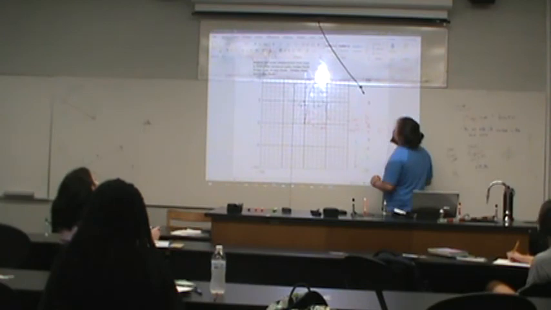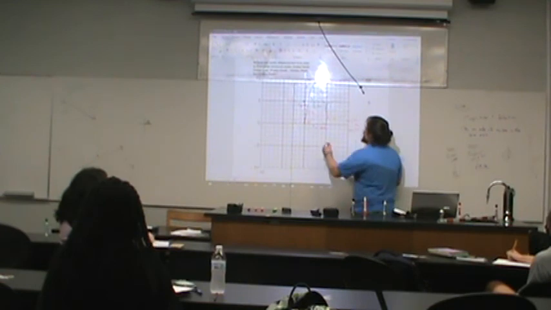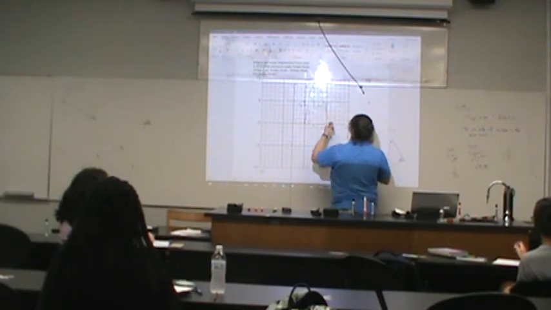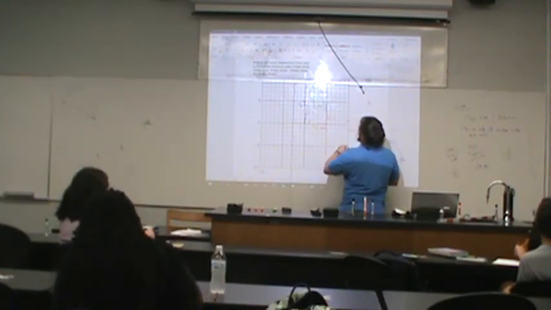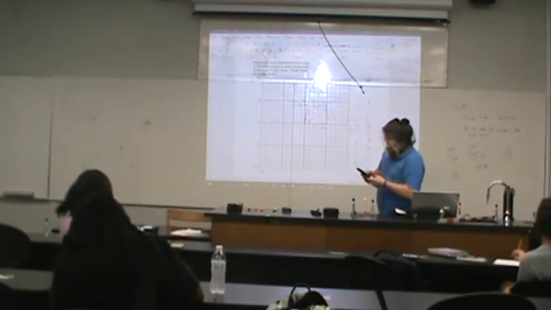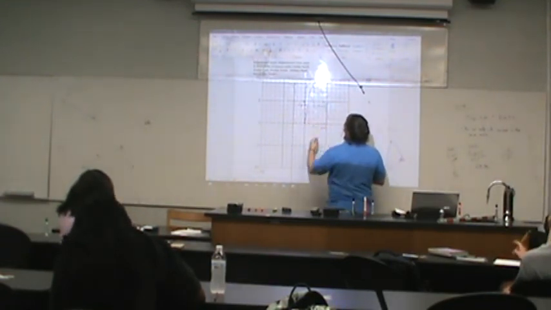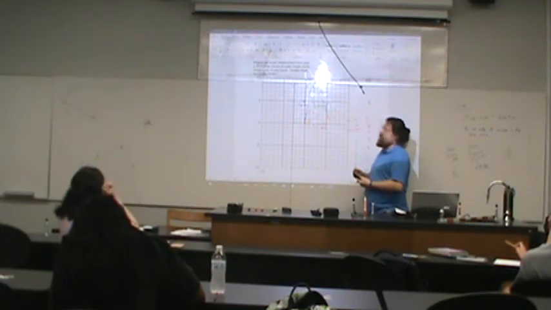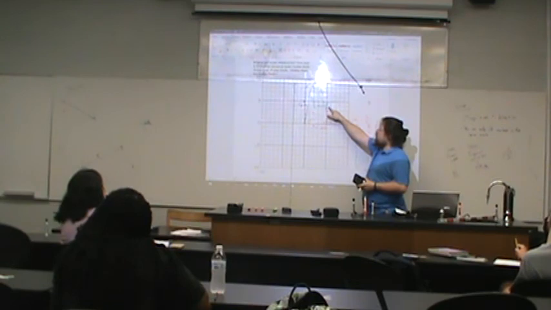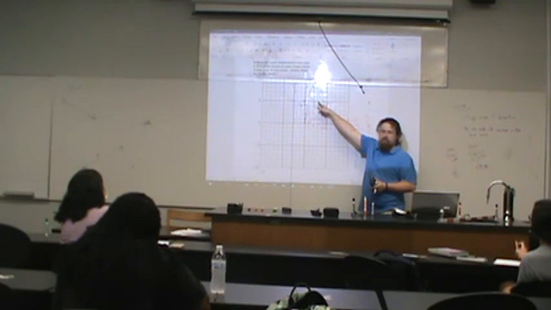So for vector B, I'd like to get to an answer quickly for you guys. The way that I've drawn vector B, you don't necessarily have to do it exactly the same way, but the way that I've drawn it, the 124 is not actually inside of the triangle that I drew.